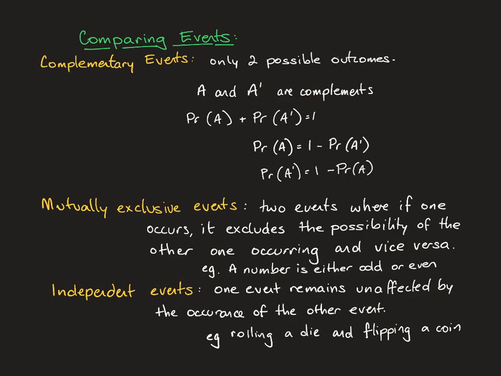And what that means is that with only 2 possible outcomes, the probability that it's A and the probability that it's A naught or A prime should be equal to 1.